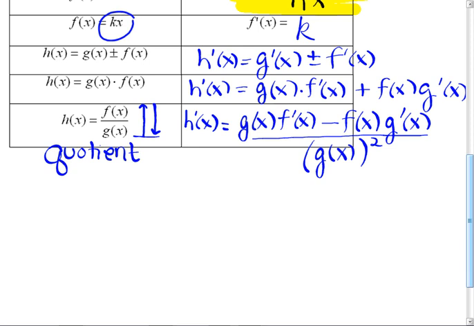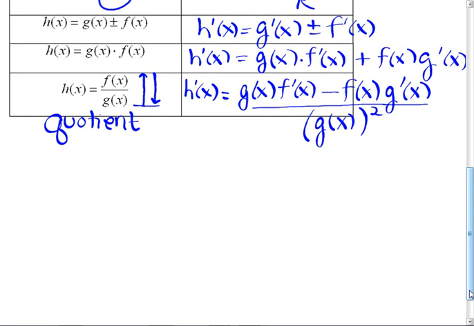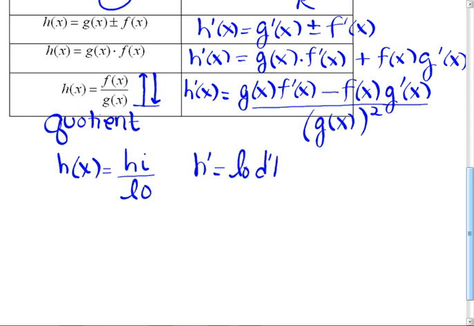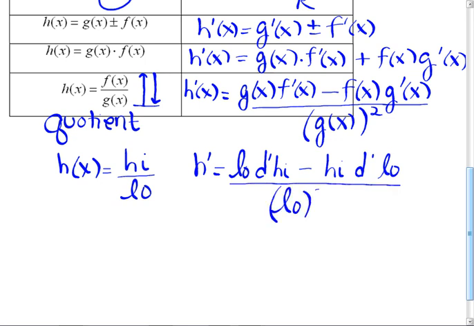Now, here's the little trick to doing this. h of x is equal to high over low. So h prime is equal to low d high, because d means derivative of, minus high d low, over the square of low we go. That's the top one, the high one, and then the low one.